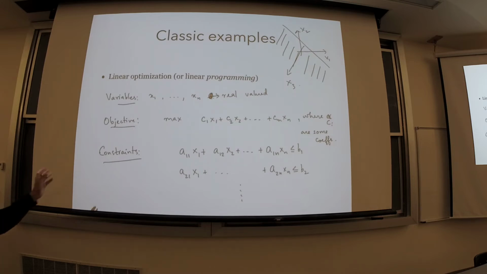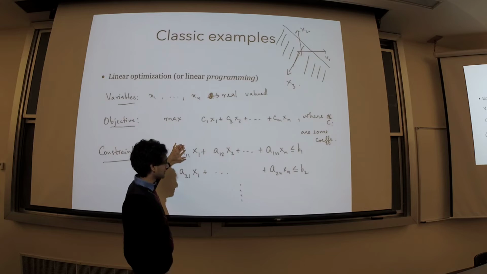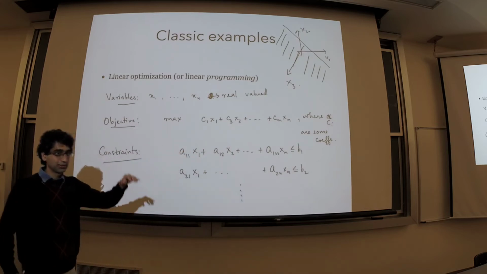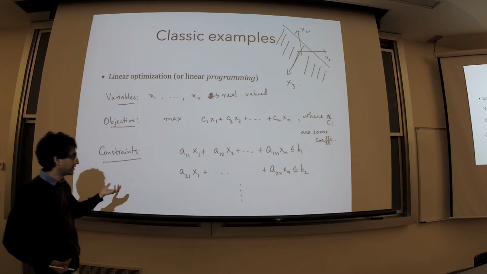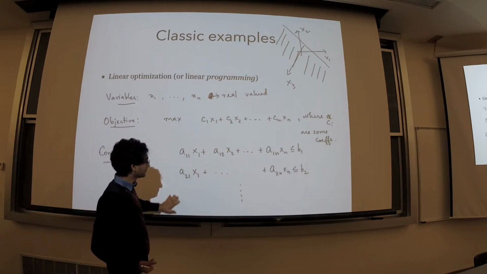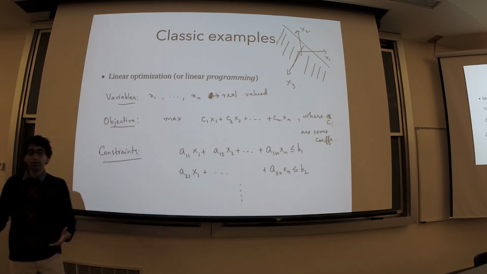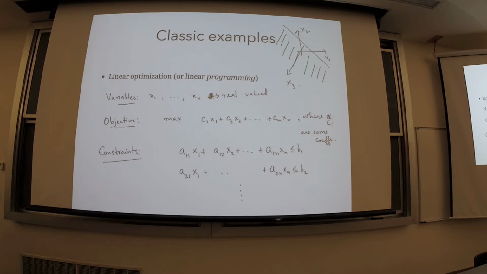So the set of feasible things of one such constraint is called a half space, because there is this plane that is dividing space into 2 regions. One region is satisfiable, the other region is not. So the satisfiable part is like a half space. Then you have a bunch of these guys, so it's an intersection of half spaces, because you want all of them to be satisfied. So yeah, for linear optimization, there's a very clean geometric view of what's going on.